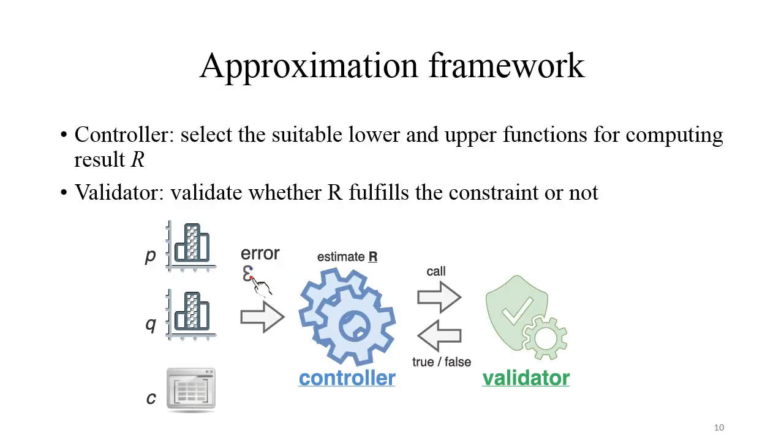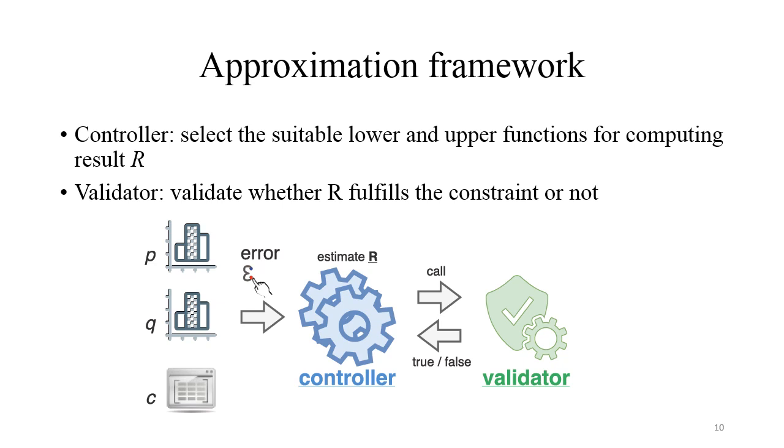In order to efficiently obtain the approximate EMD value R for problem 1 in slide 6, based on the lower and upper bound functions, we also propose this approximation framework. This framework is composed of two components, which are the controller and the validator.